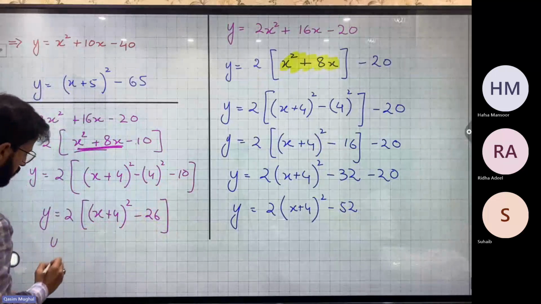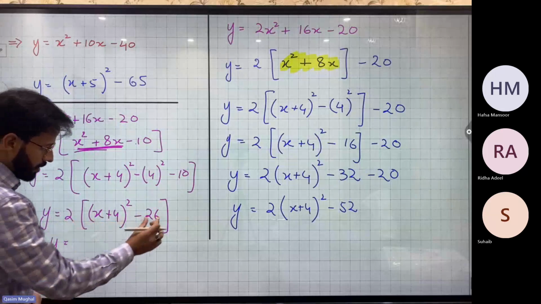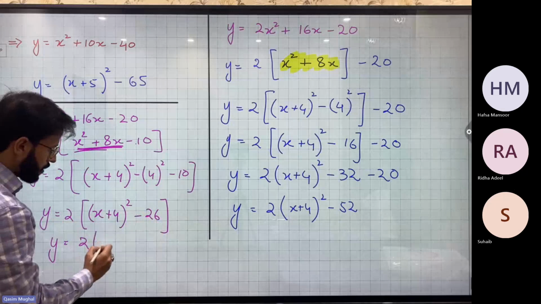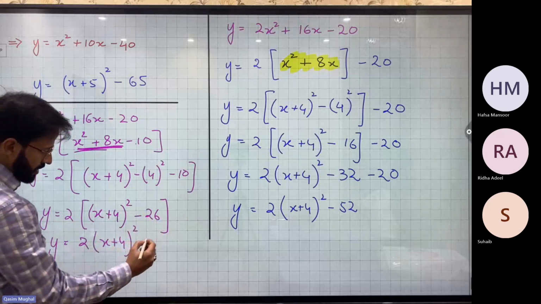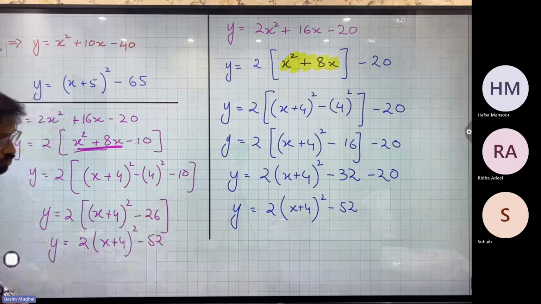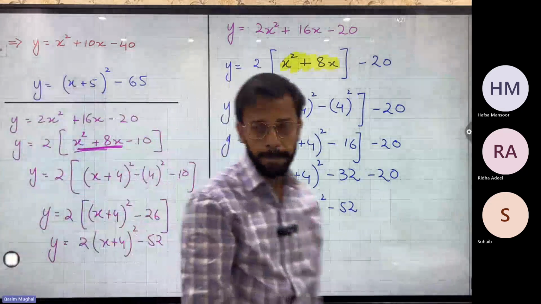Okay, and then y equals, well, this 2 will be multiplied with this term and this term separately. So 2 into x plus 4 whole squared, 2 into 26 is 52, which is exactly the same. Okay.